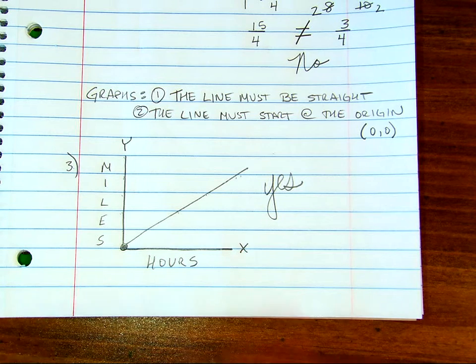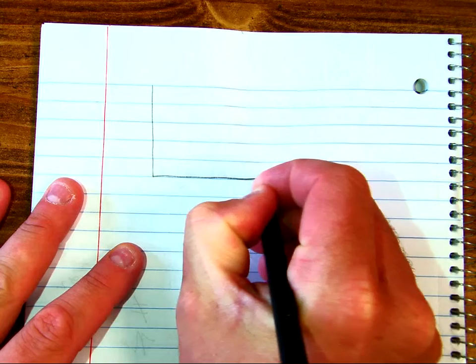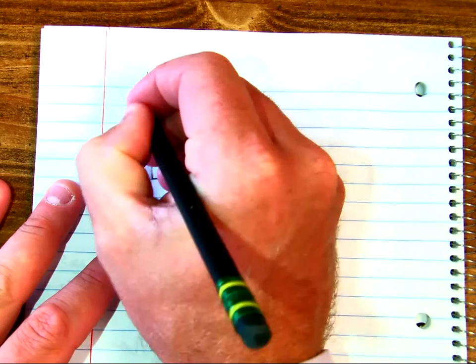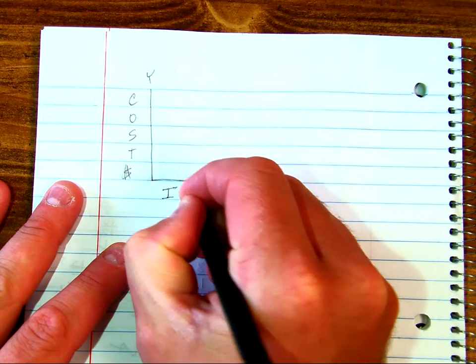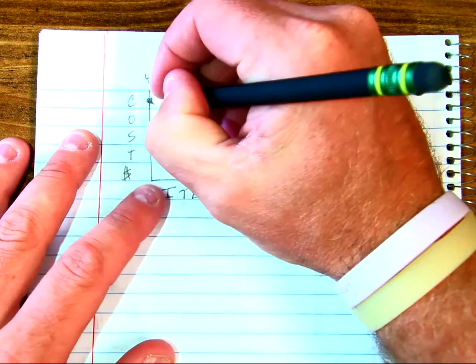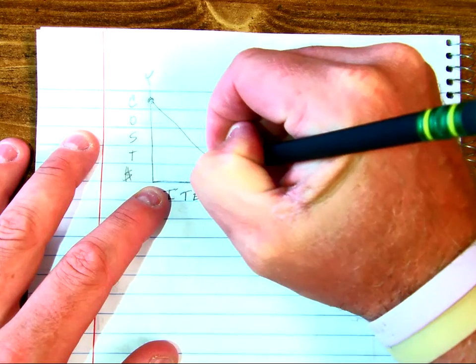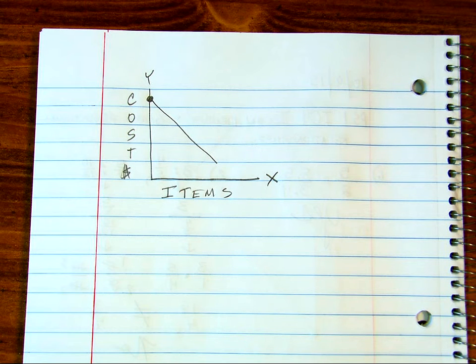All right, let's take a look at this graph. So we have cost in dollars, and we have items.